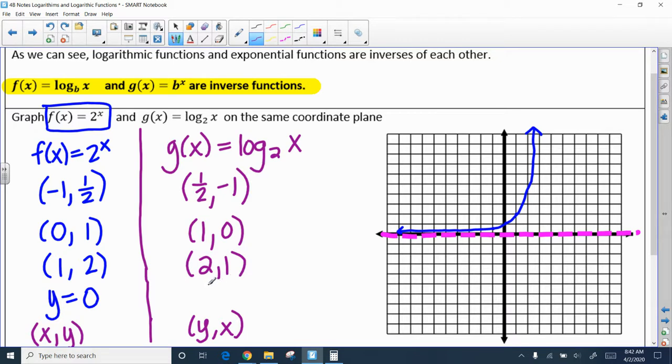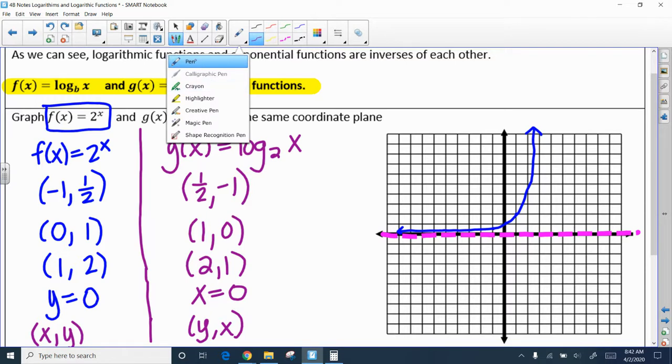Okay, now what's going to happen on a logarithmic function? Since we can't plug in a 0 or a negative for x, this is going to have a vertical asymptote at x equals 0. All right, so let's see what this graph looks like now.